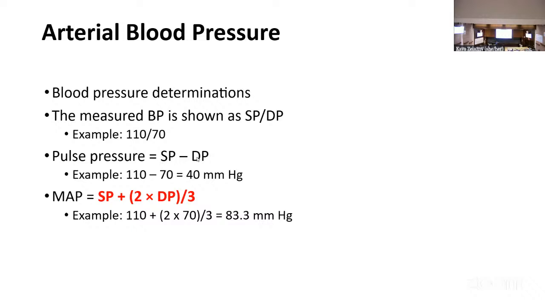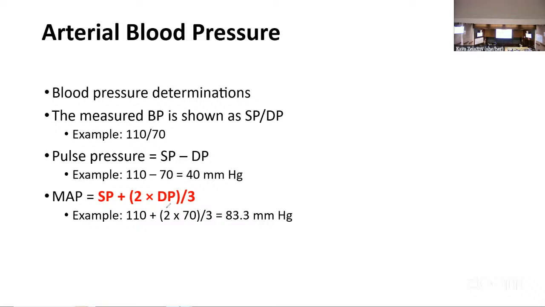Okay, and important for us, because we're going to be talking about mean arterial pressure a lot, we already know that we're going to be using this number to estimate our delta P when we're thinking about blood flow. So our mean arterial pressure, our MAP, is kind of a weighted average.